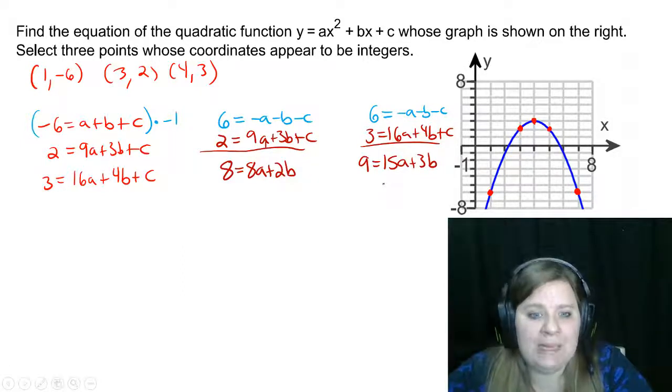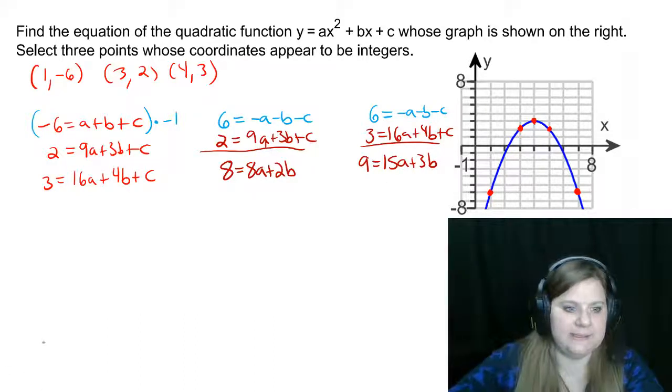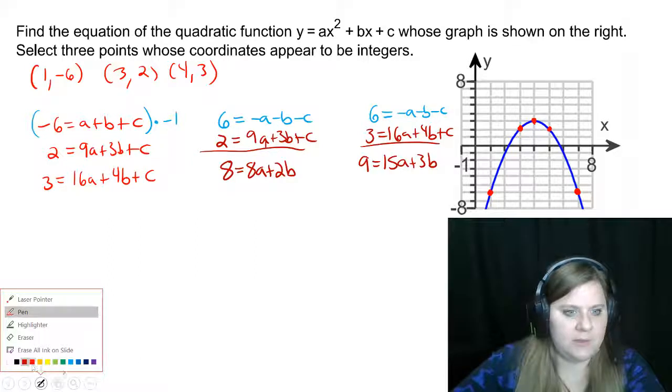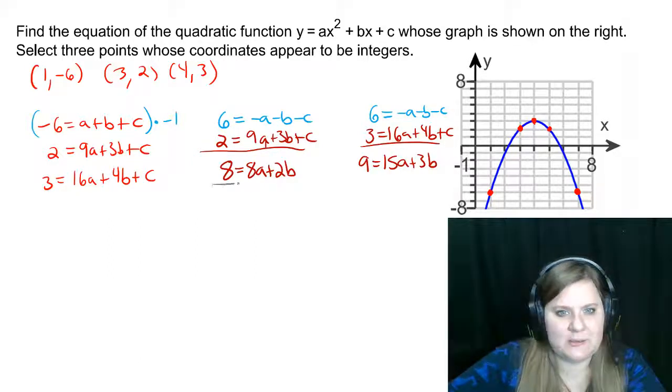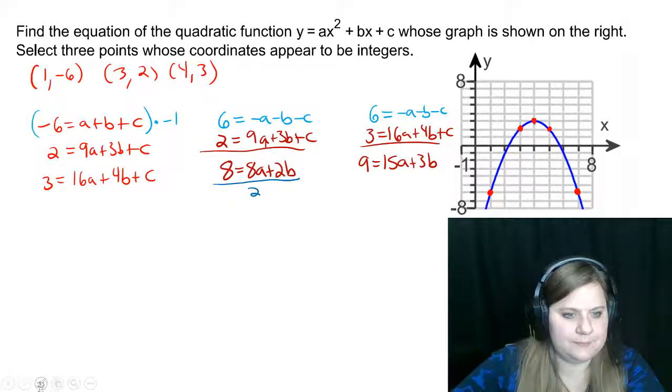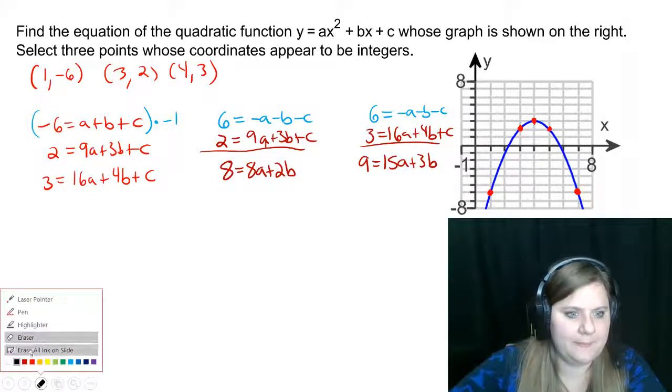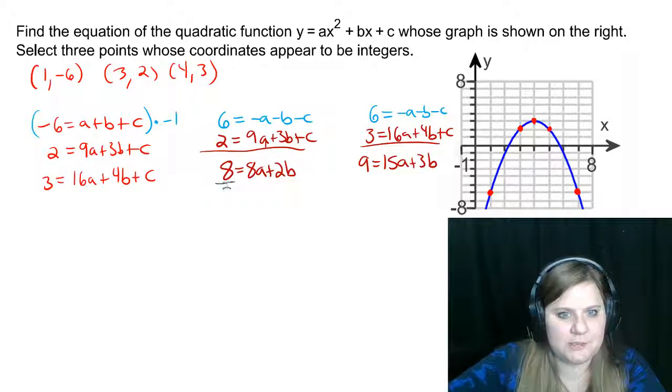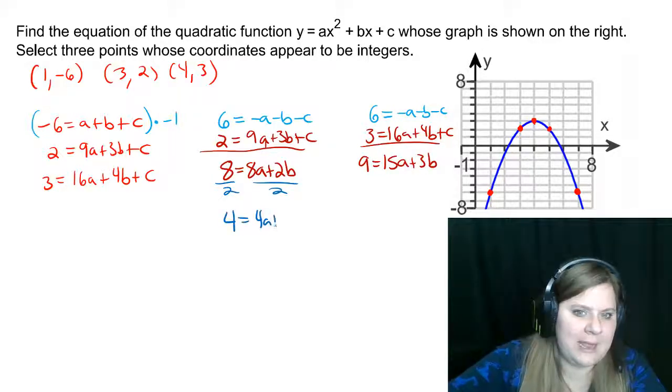Now, for me, I look at this and I say, I bet I can simplify this. So I'm going to divide this equation through by 2. And actually, I really can't write it that way. Let me write this properly. And divide this equation by 2. That gives me 4 equals 4a plus b.